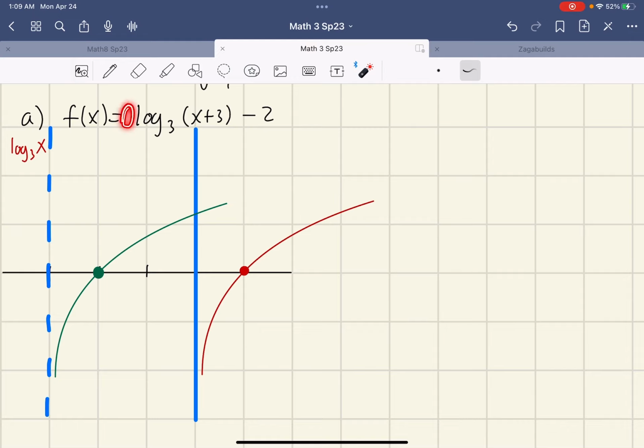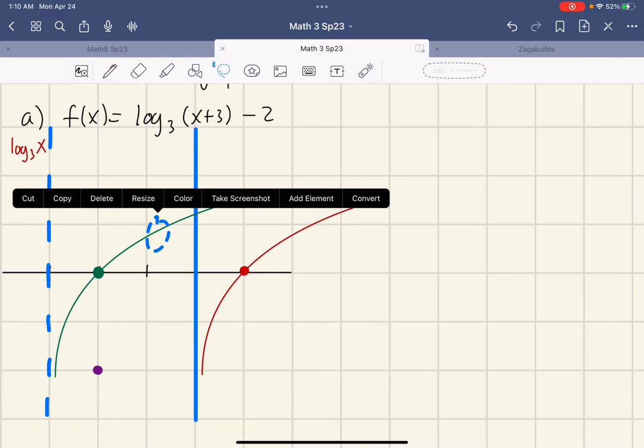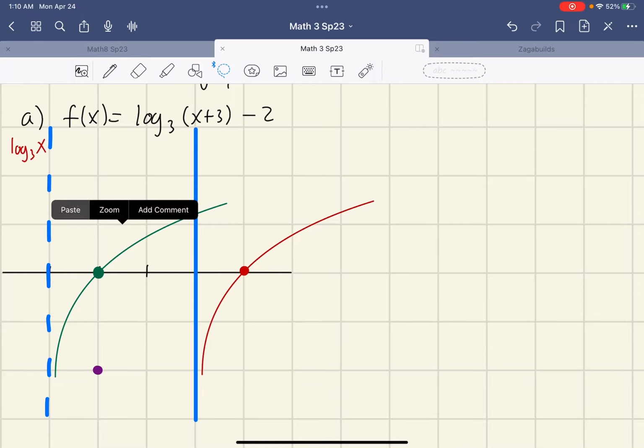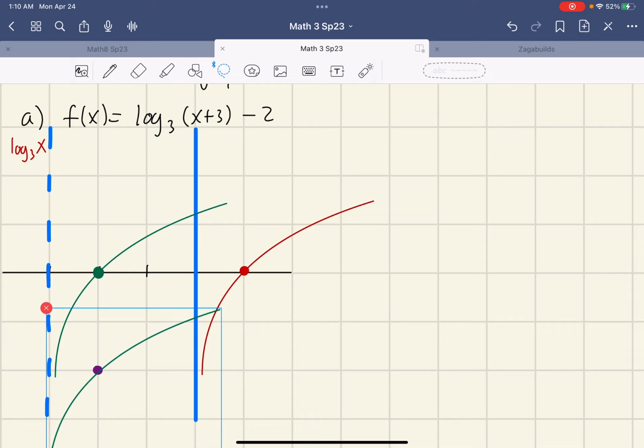There's nothing multiplying outside of the logarithm. So no reflection, no stretching or shrinking. But there is a -2, and that shifts your graph down by 2. But since we're not stretching or shrinking, the graph just has to move down.